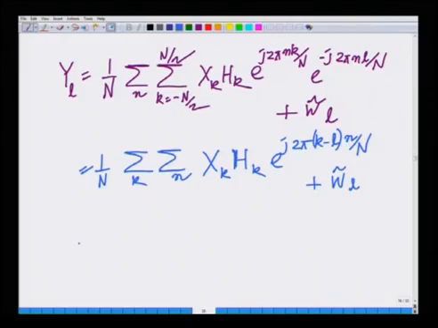Now when k equals L, this is 0, the summation over n is N, and N over N is 1.